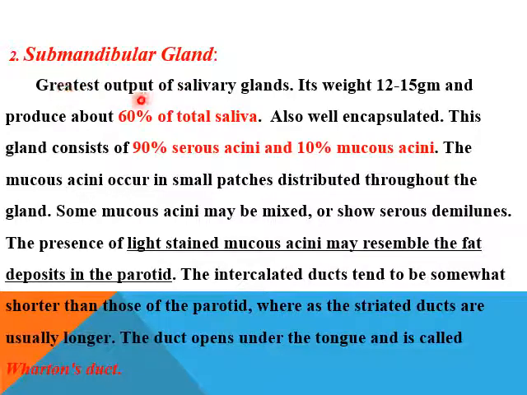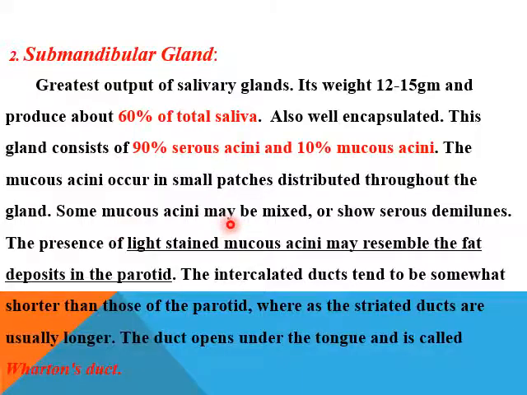Submandibular gland. Greatest output of the salivary glands. Its weight is smaller than the parotid gland, about 12 to 15 grams, and it produces about 60% of total saliva. It is also well encapsulated. This gland consists of 90% serous acini and 10% mucous acini, so it's mainly serous secretion. The mucous acini occur in small patches distributed throughout the gland.